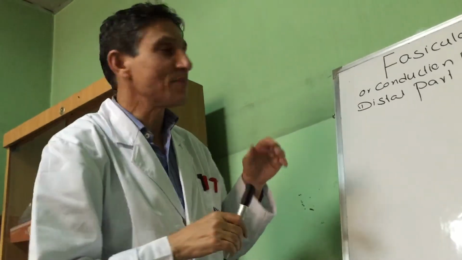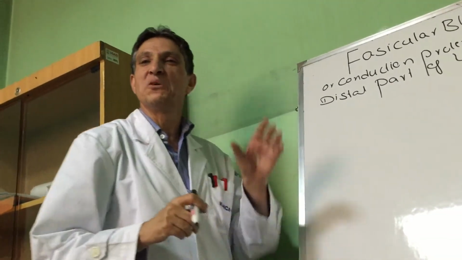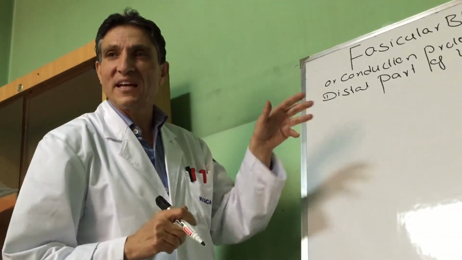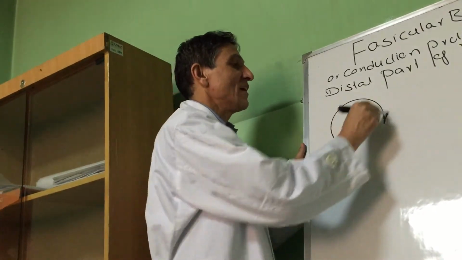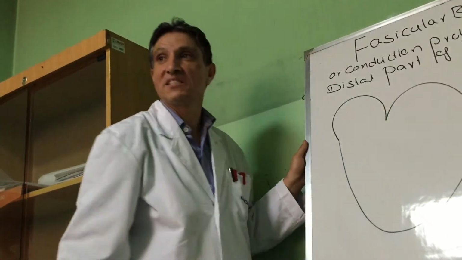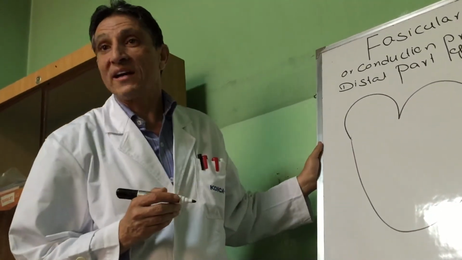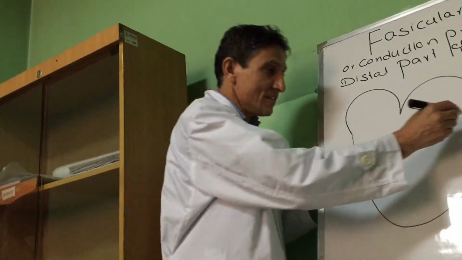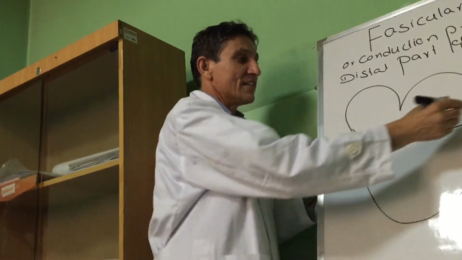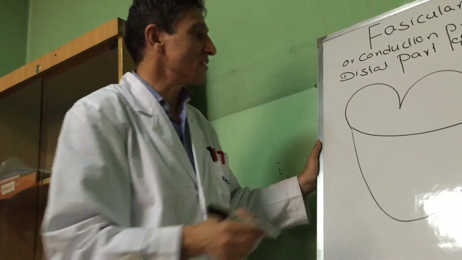To know more about the concept of fascicular block, it is very important to draw a simple diagram of the heart. Again we are coming to the anatomy of the wiring diagram of the heart. Dense fibrous tissue, fibrous annulus.